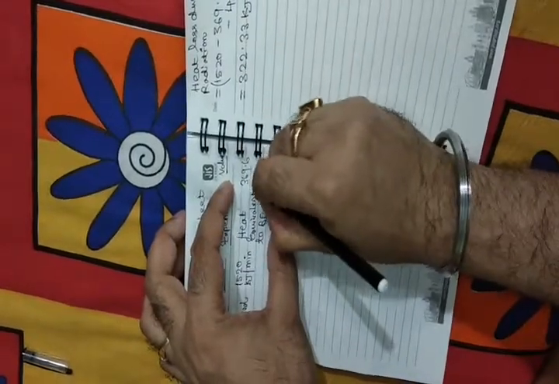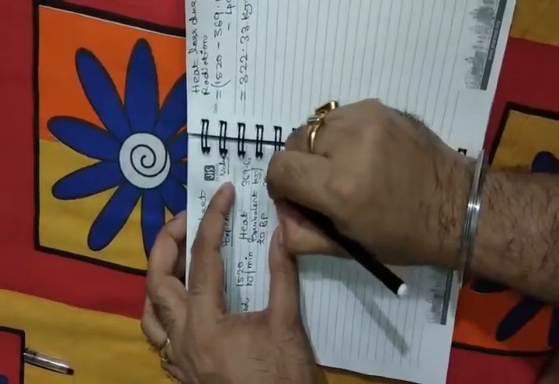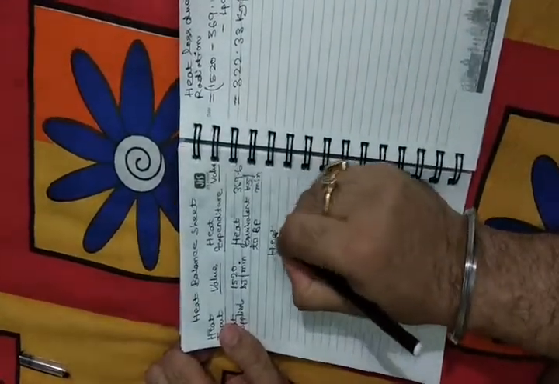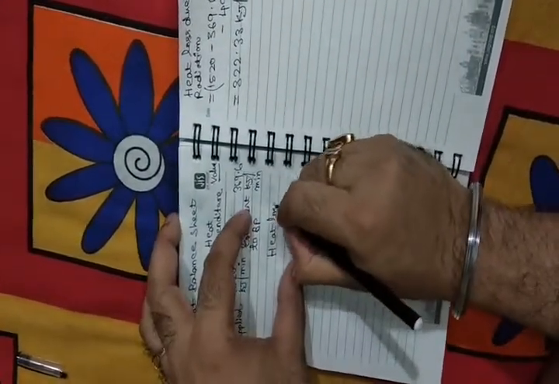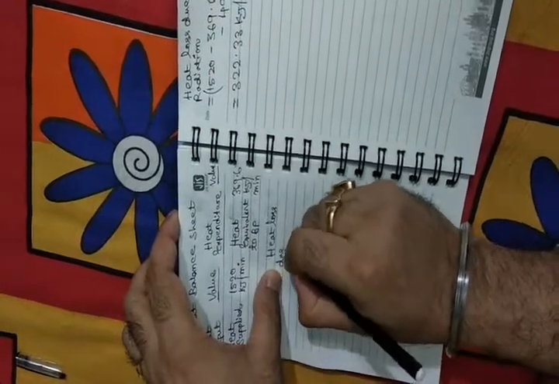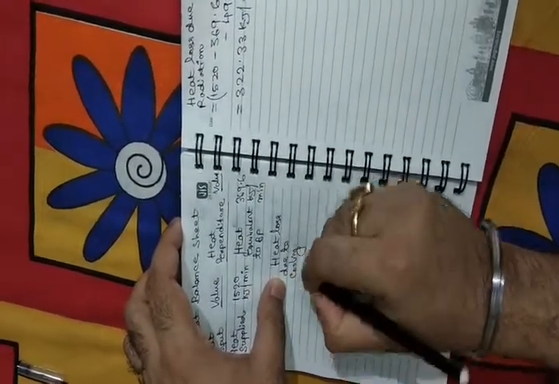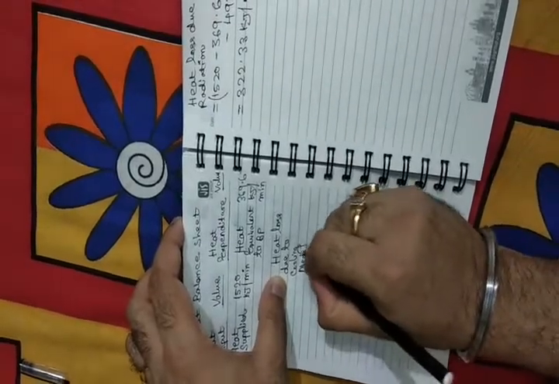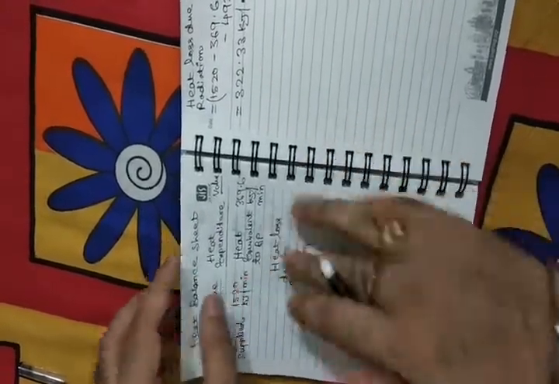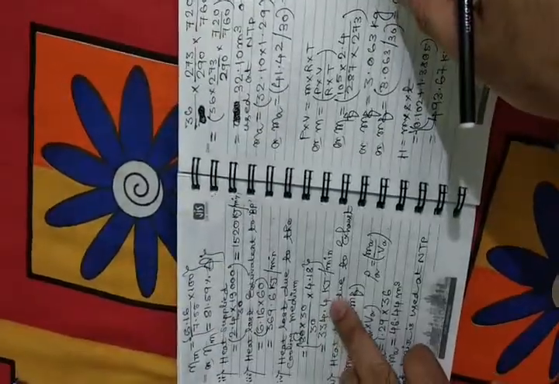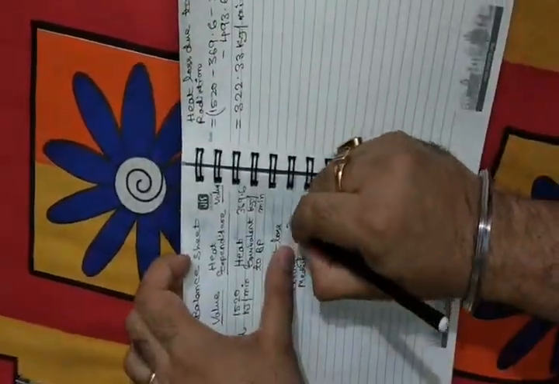Now heat loss due to cooling medium, it will be 334.4 kilojoule per minute.